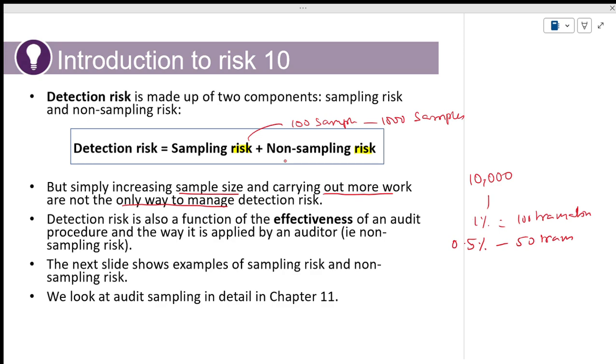In this case, we have to apply very strong professional skepticism and due diligence. We are using all these things, and you should have a judgment. Detection risk is a function of effectiveness, how effective the procedures you are doing are.